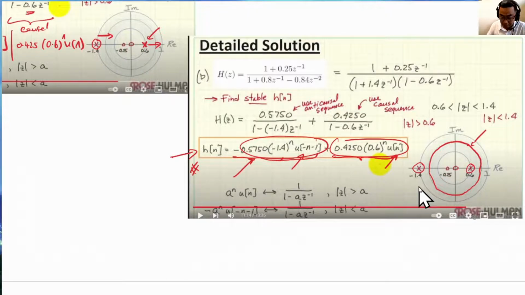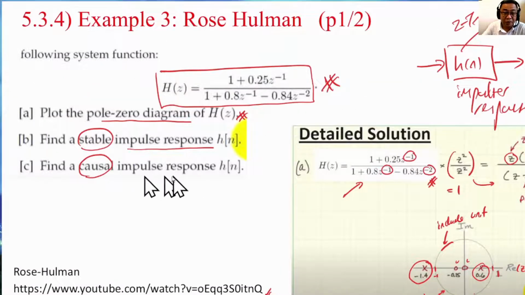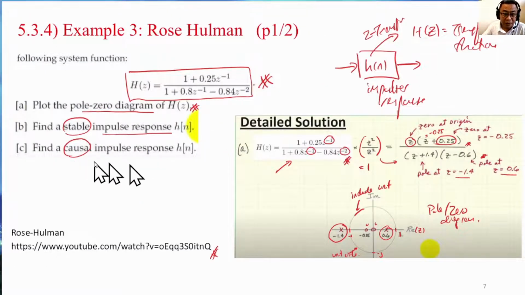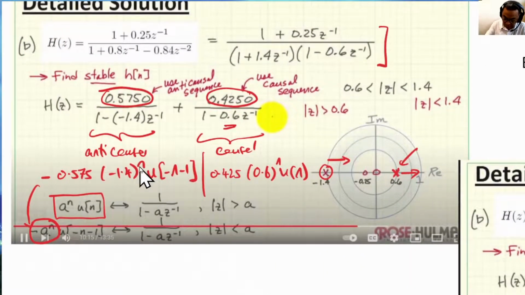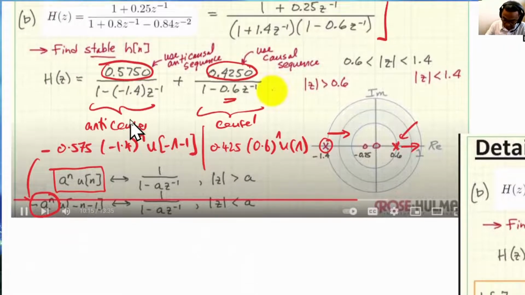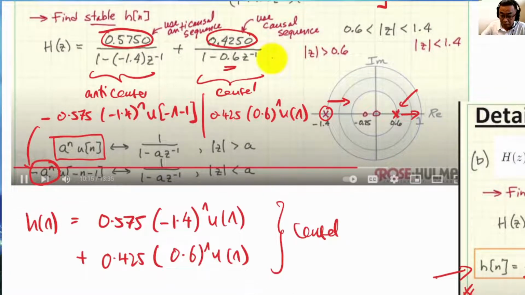Now, in the last part of the question, instead it asks us to find a causal impulse response. To find the causal impulse response, instead of selecting the anti-causal part, we'll select the causal part. So the answer is this.